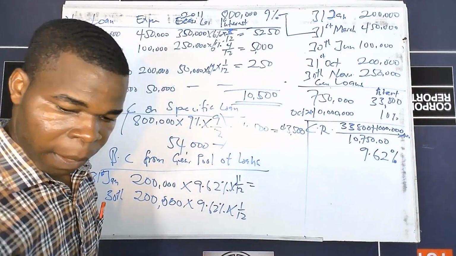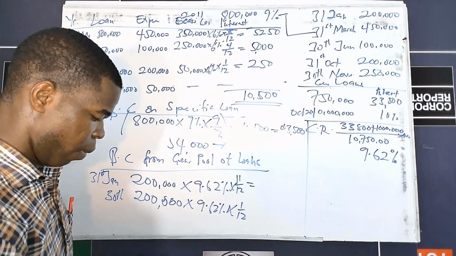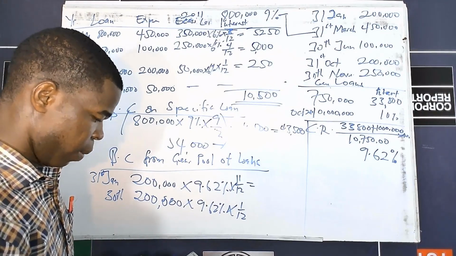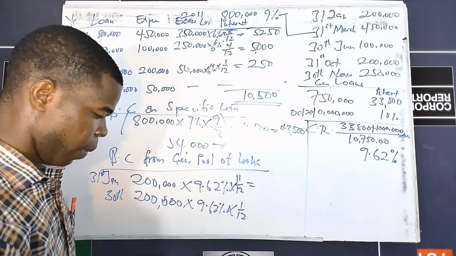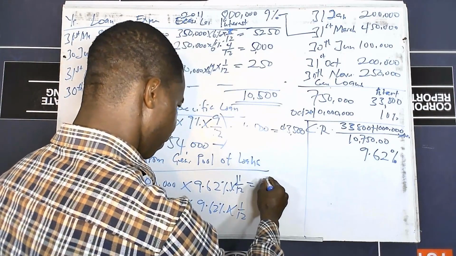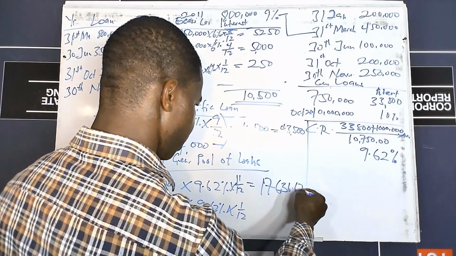So here, let's do our calculation. So we have 200,000 multiplied by 0.0962 multiplied by 11 over 12. This is going to give us 17,636.67.